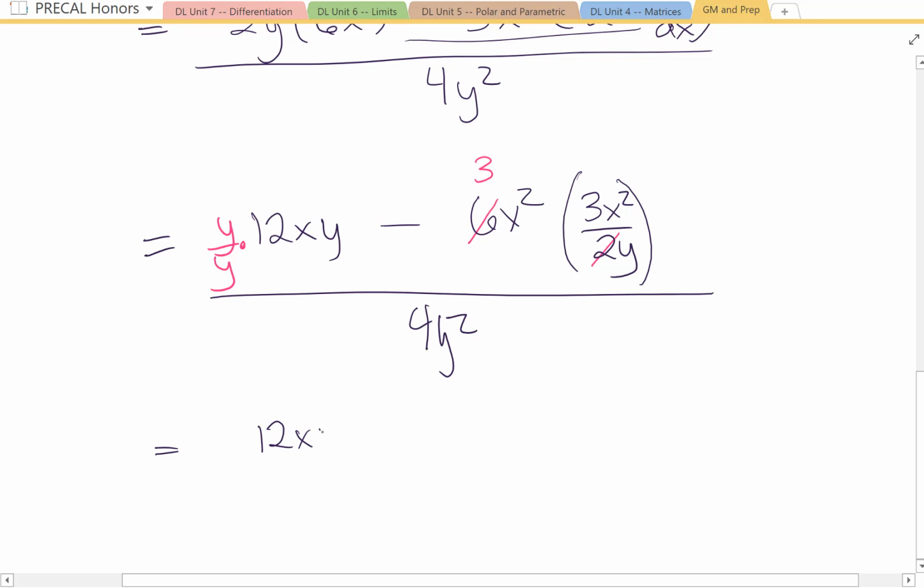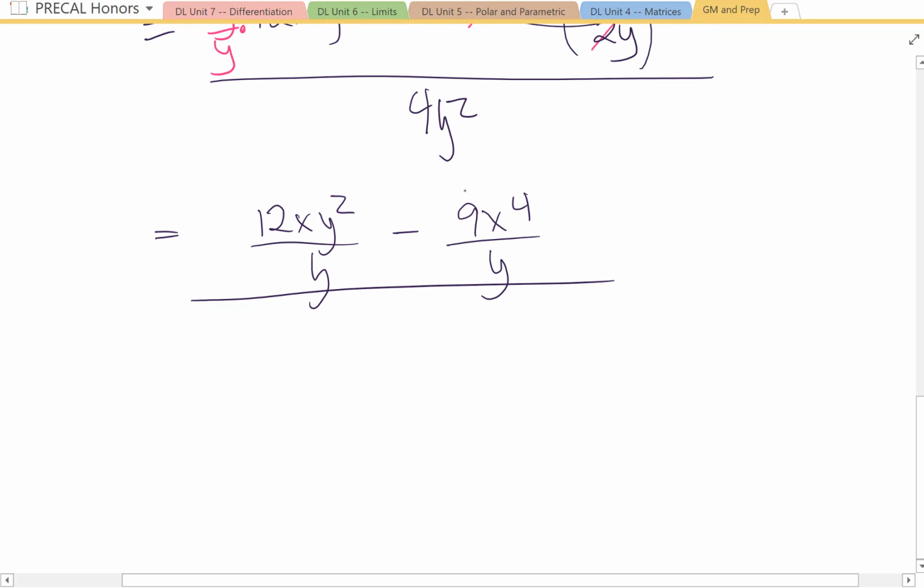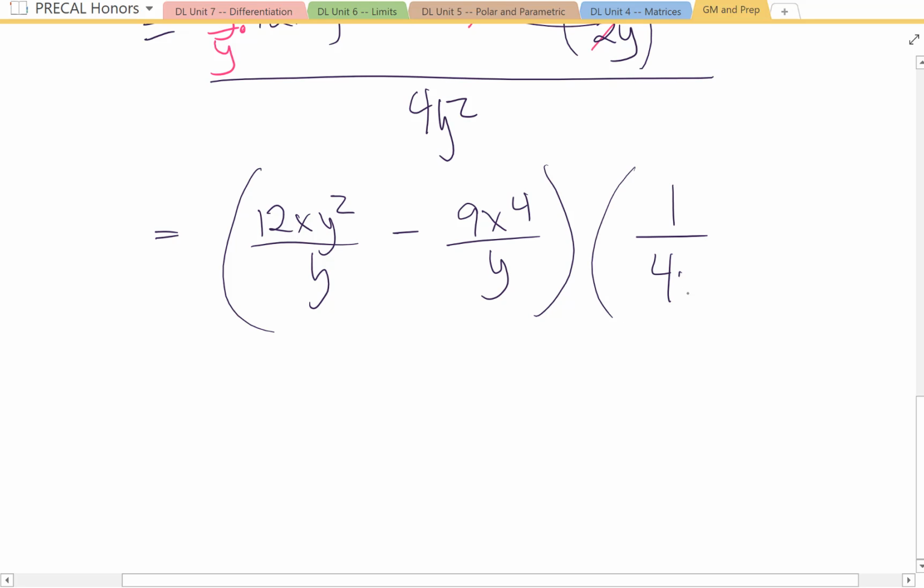This is 12xy squared over y minus 9x to the fourth over y, all divided by 4y squared. We can also say all multiplied by 1 over 4y squared.